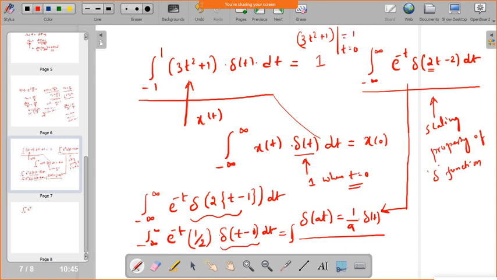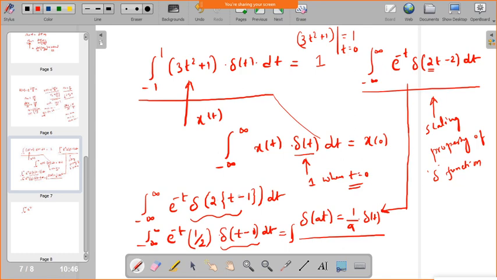So this is the actual property. Now the same property we use for this problem, e power minus t into del of 2t minus 2. Use del of at equal to 1 by a into del of t. This is the scaling property. So you take out the 2 outside, and it will become t minus 1.